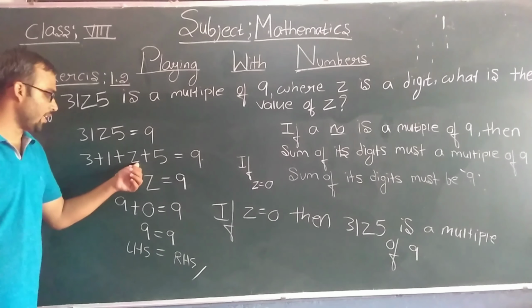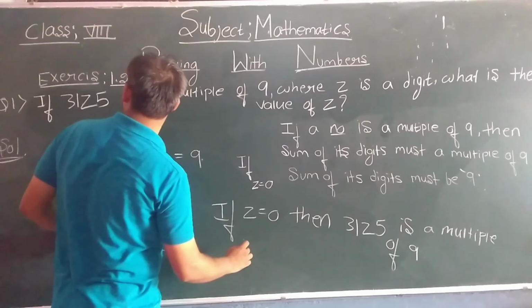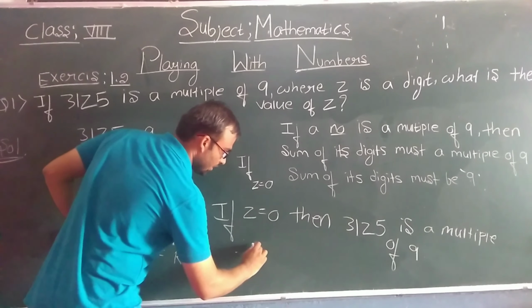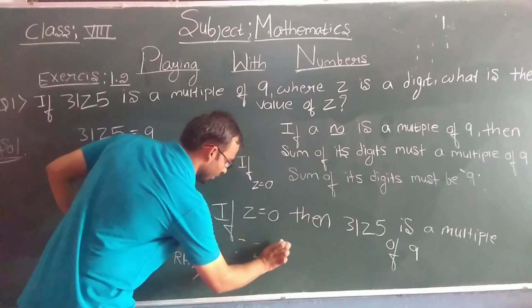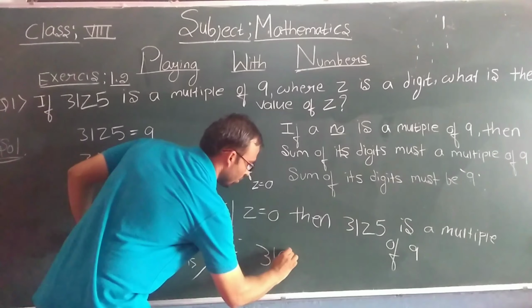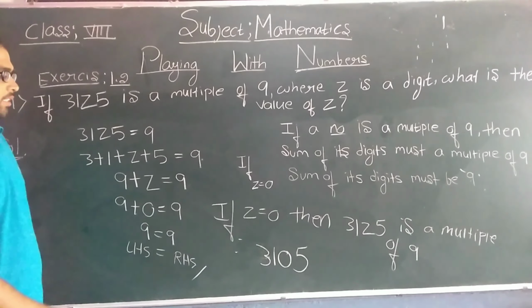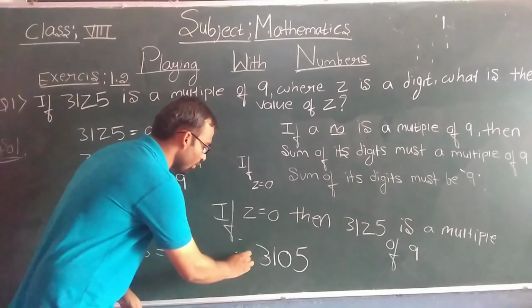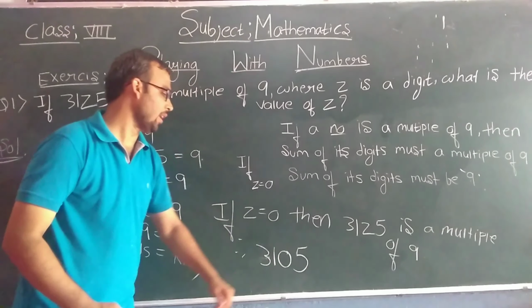So when z is 0, it is a multiple of 9. Therefore, the digit is 3105. That is 3 plus 1 is 4, 4 plus 0 is 4, 4 plus 5 is 9.